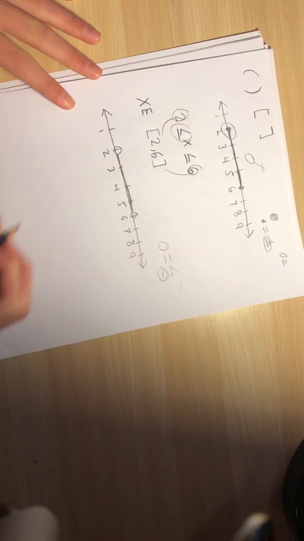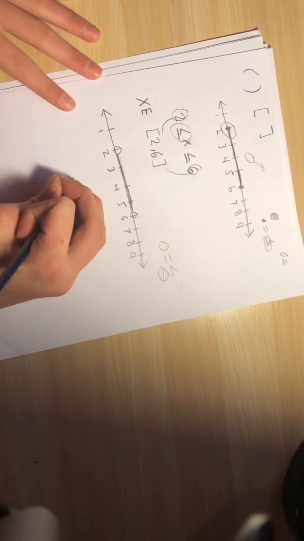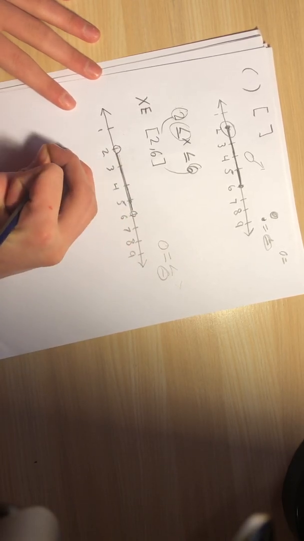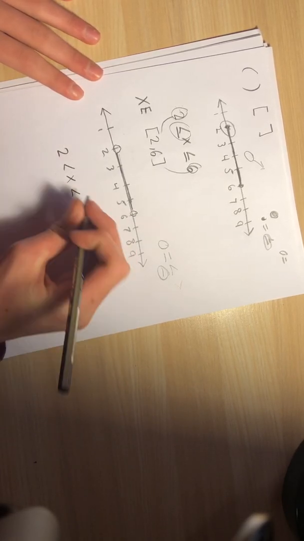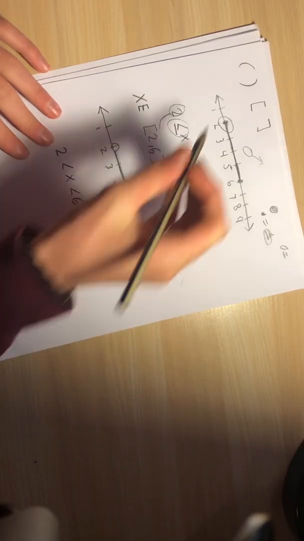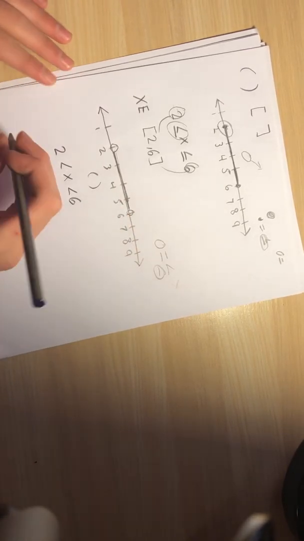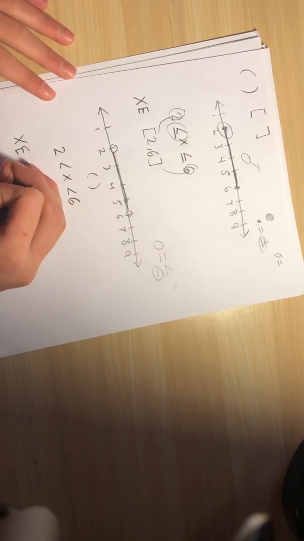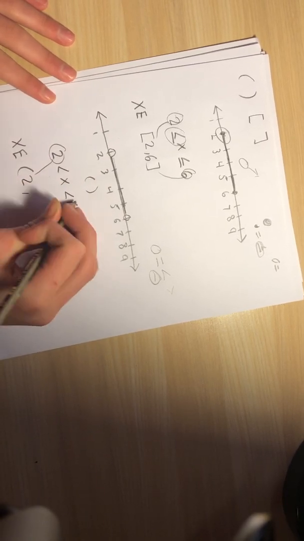What this number line shows is that x is greater than 2, not greater than or equal to, and x is less than 6. Since they don't have an or equal to, they are parentheses. So this would show x ∈, which I'll explain in a second, parentheses, the smallest value 2, comma, the largest value 6.